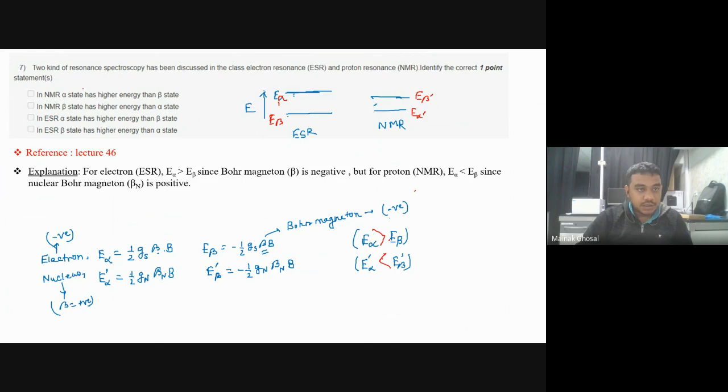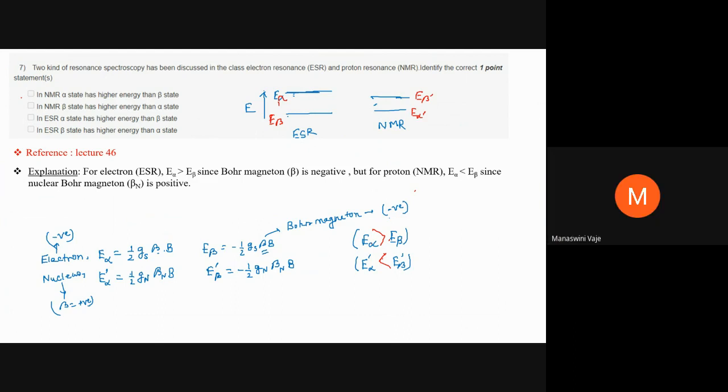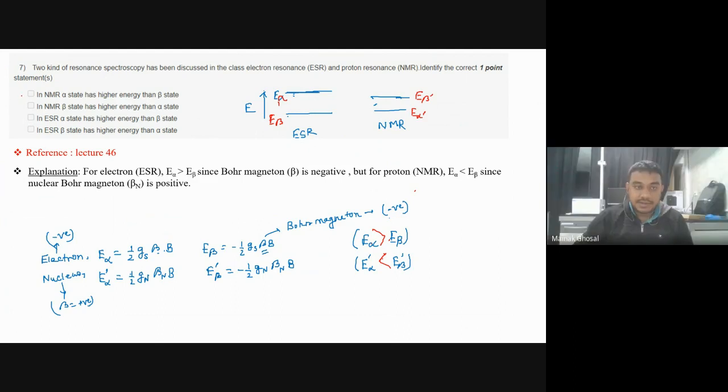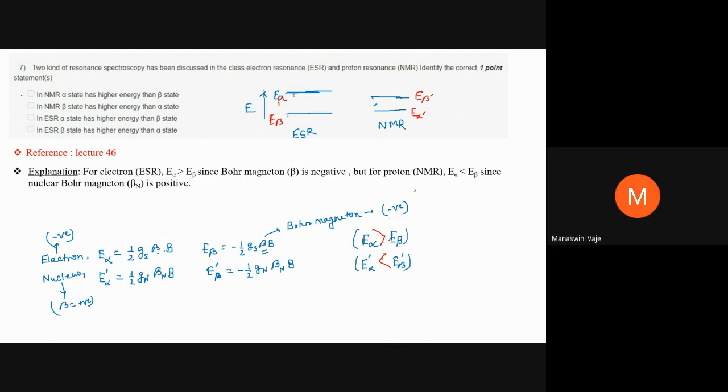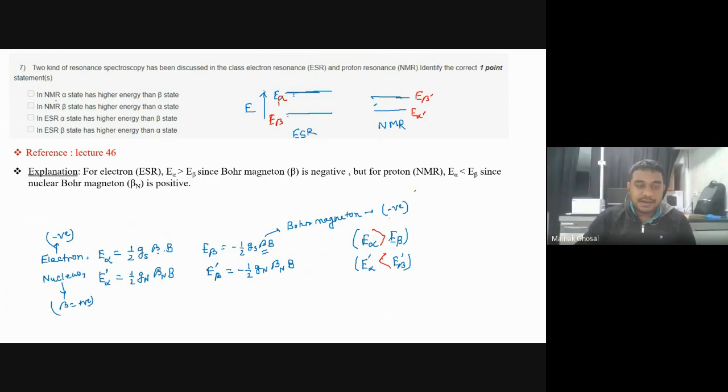Okay. So in the question, the first option is: in NMR, the alpha state has higher energy than the beta state. So for NMR, which state has higher energy, alpha or beta? Beta. And for ESR, which one has higher energy? Alpha. Right? So for NMR, the alpha state has higher energy than the beta state.